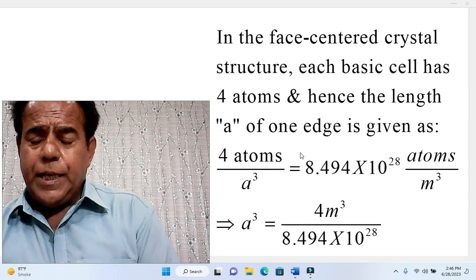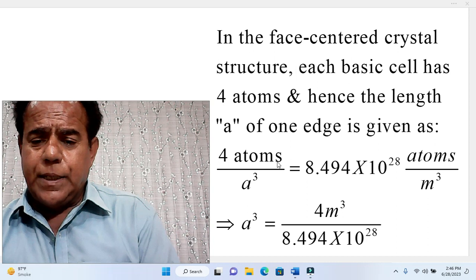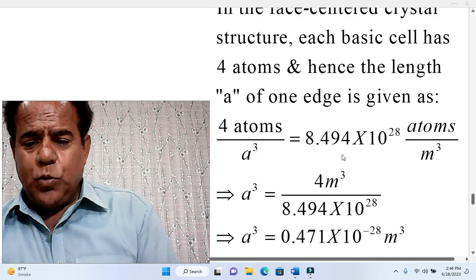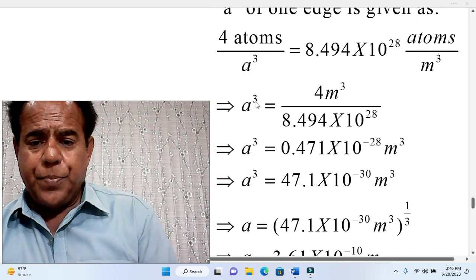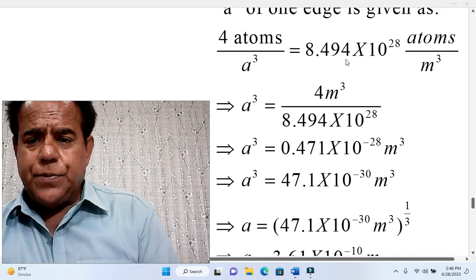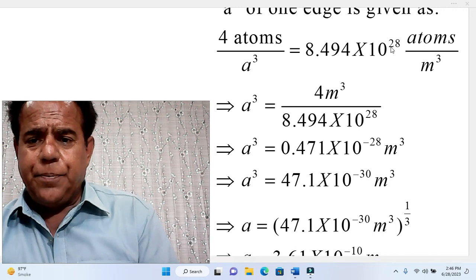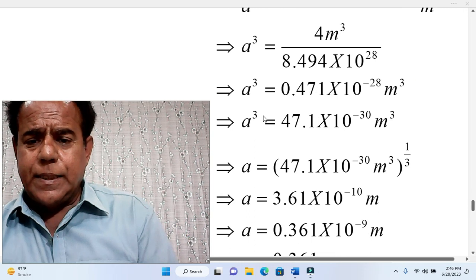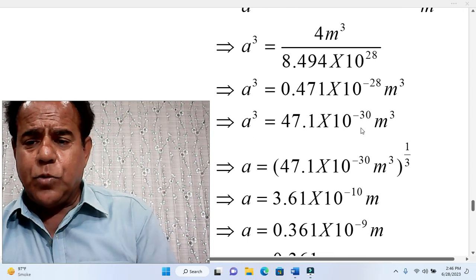In the previous there were 2 atoms, here are 4 atoms, and this value was different. From here a cube will be shifted to the other side, and this factor will be shifted to the denominator. Atoms will be cancelled with atoms, and hence a cube will become equal to this.